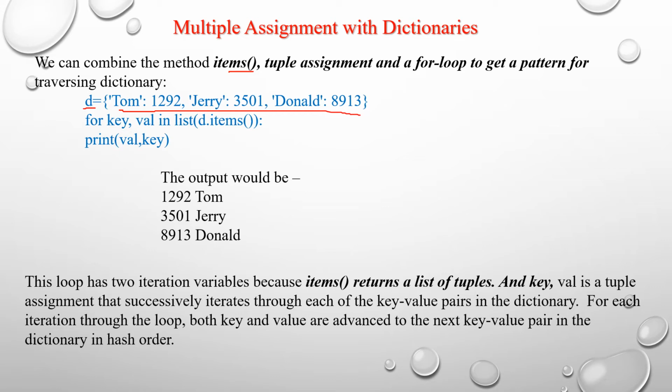Here the keys are Tom with value 1292, the next key is Jerry with value 3501, and the next one is Donald with value 8913. Here Tom, Jerry and Donald are the keys, and 1292, 3501 and 8913 are the values. So here I am declaring one loop.